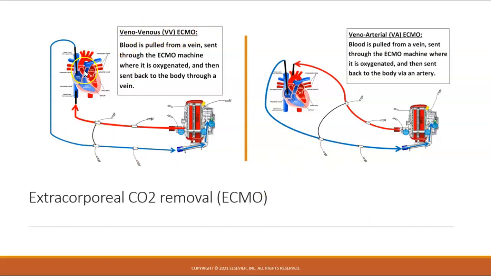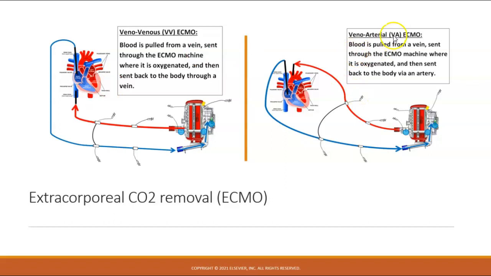So you have venous ECMO. An example of that is a catheter in a vein that's pumping the blood out of the body into this ECMO machine at the bedside. That ECMO machine provides oxygenation to the blood, removes CO2 from the blood, and then pumps it back through another vein to come back to the heart, and the heart then pumps it out to the rest of the body.